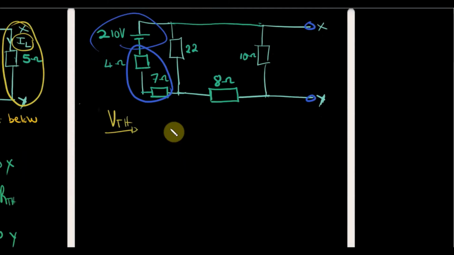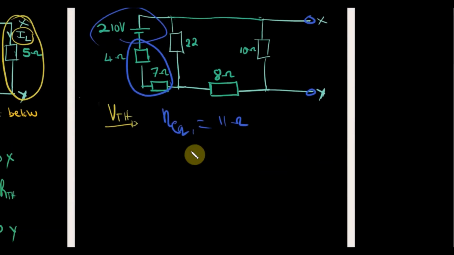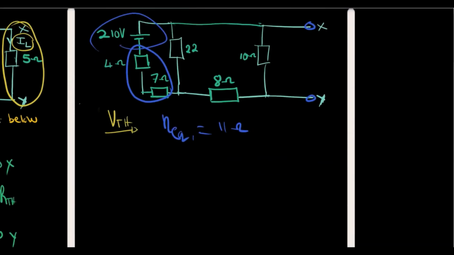This one reduces to an equivalent resistor of 11 ohms. V Thevenin will be measured across those two terminals there. So if that's our V Thevenin, we can already see that it will be the voltage drop across the 10 ohm resistor. It will be the same as that.